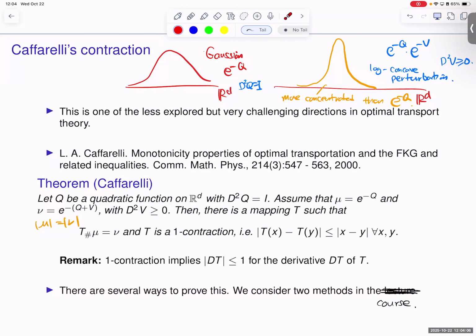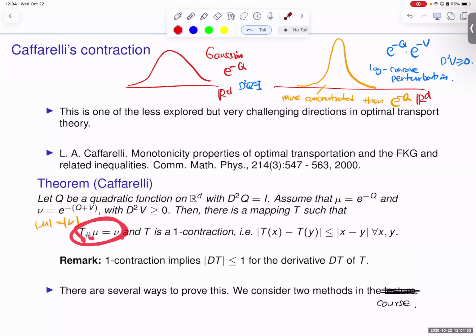Okay, so here, this transport condition is a kind of volume preserving condition. If mu and nu are like the volume of some sets, this is volume preserving. But of course, this is more general. In our case, mu is this Gaussian measure and nu is this log-concave perturbation of the Gaussian.